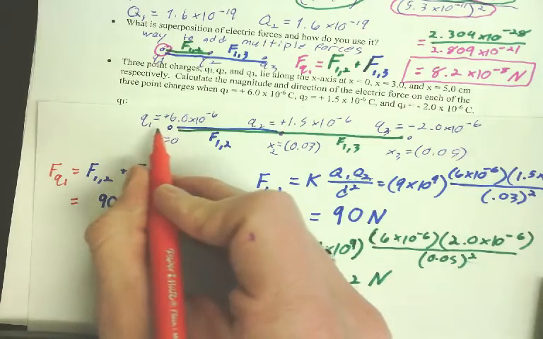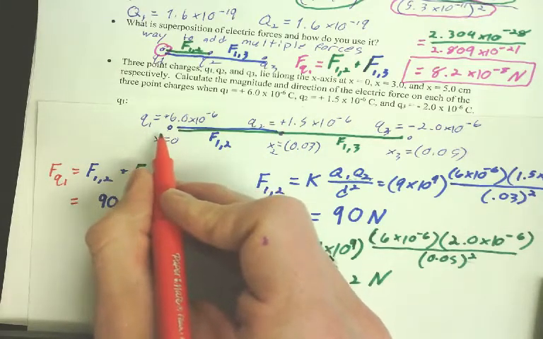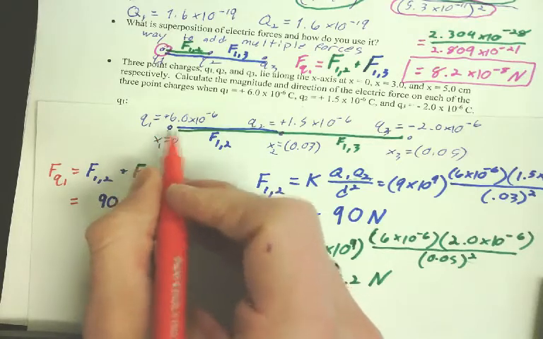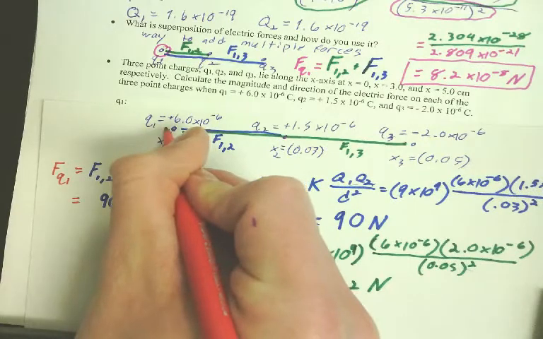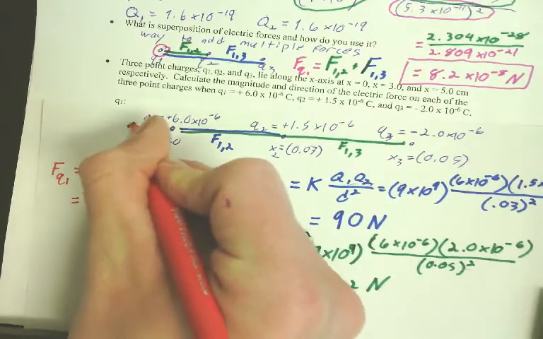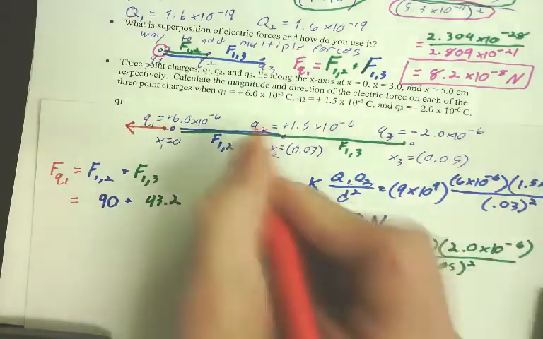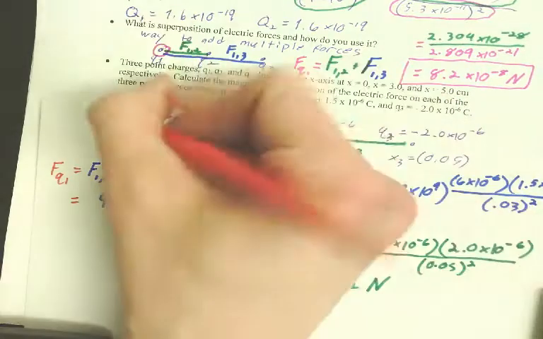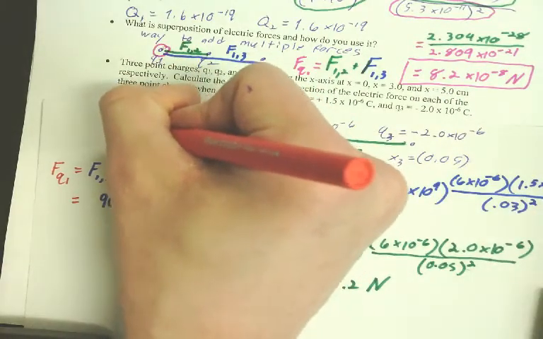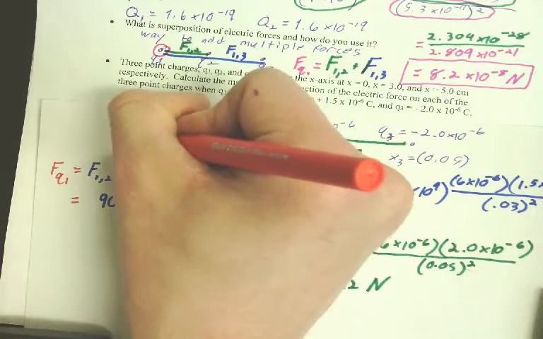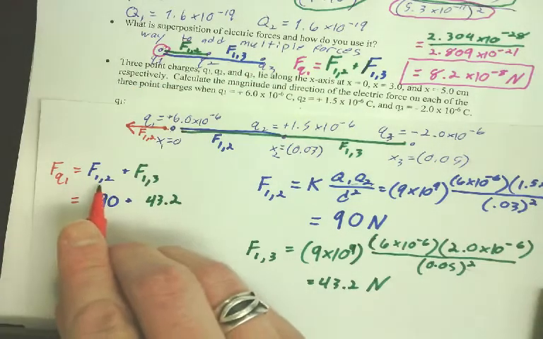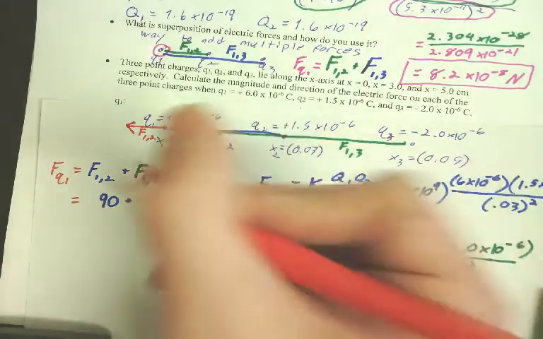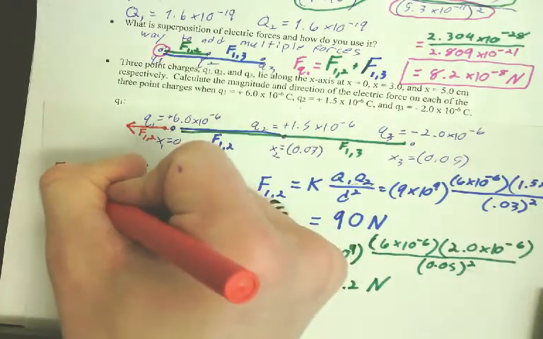I know that opposites attract, like charges repel. These are both positive, which means this will move to the left to get away from Q2. So Q1 will go to the left to get away from Q2. That means the force between 1 and 2 must be negative.